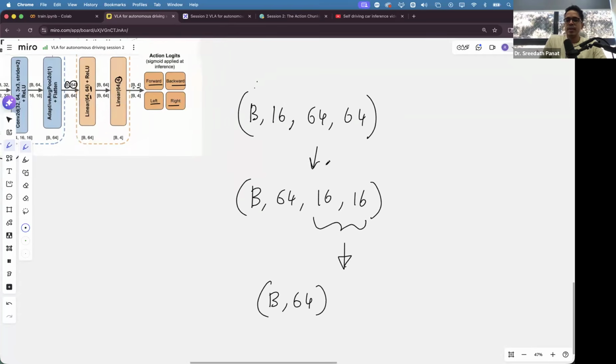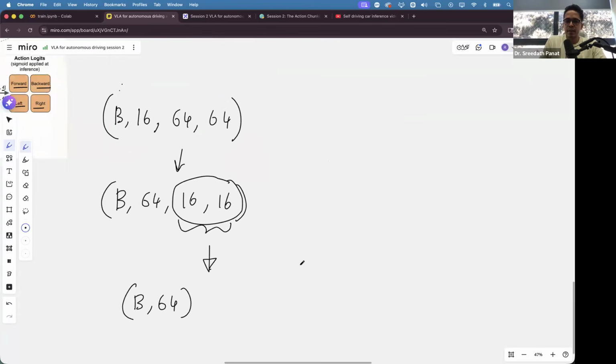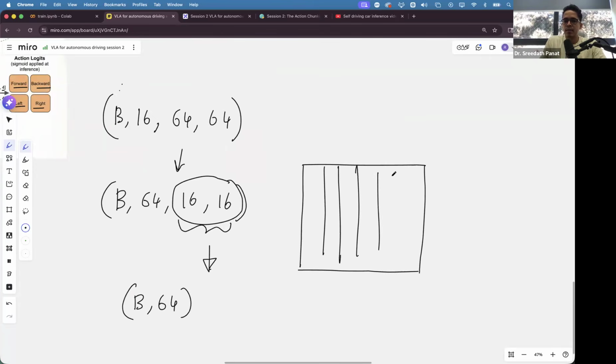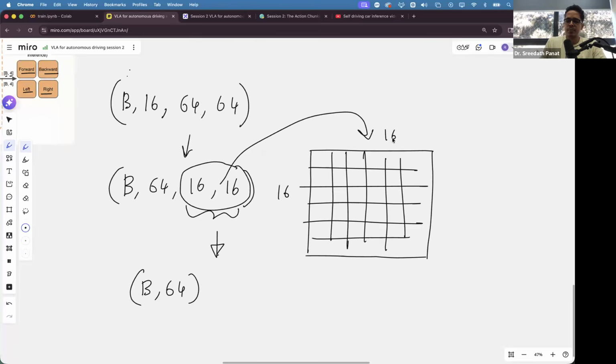Now here you understand the problem. The spatial information which is distributed in a 2D fashion, if there are 16 by 16 pixels, it will look something like this. This 16 by 16 is distributed like this. We are collapsing all of that spatial information into one single number. That was the problem.